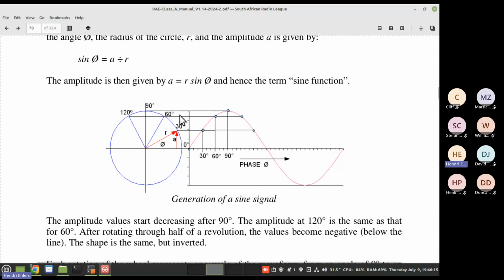Right, so 180 degrees out of phase. If the one is at maximum positive, the other one would be 180 degrees. That's 90 degrees out of phase.